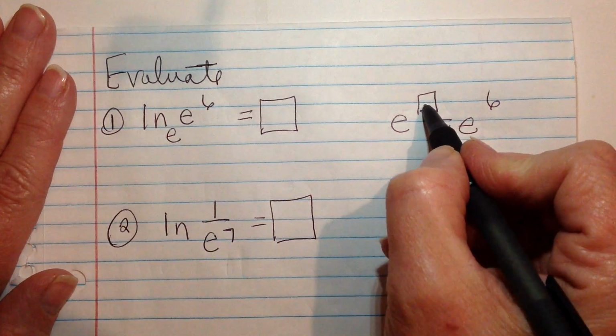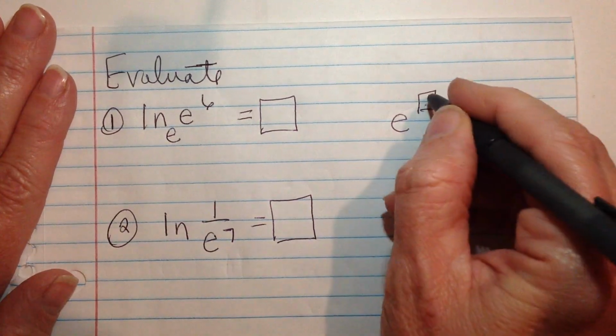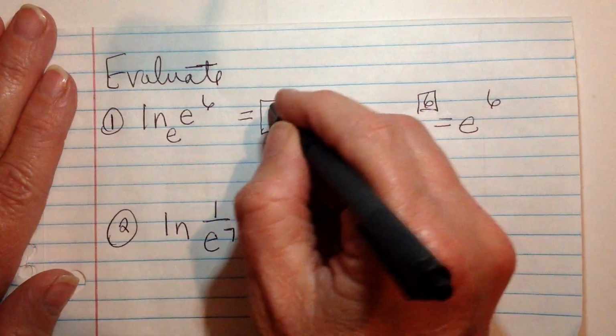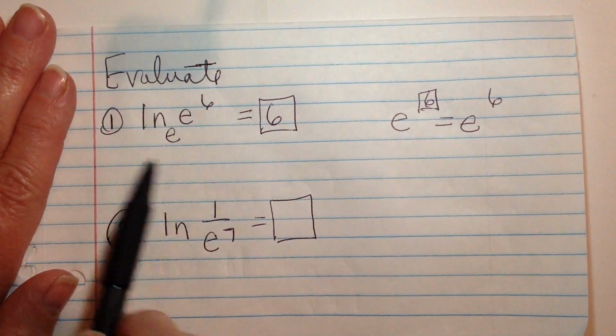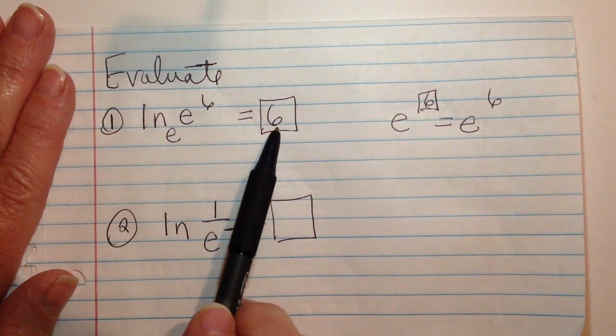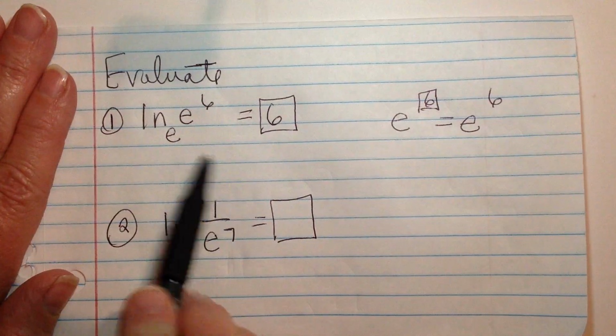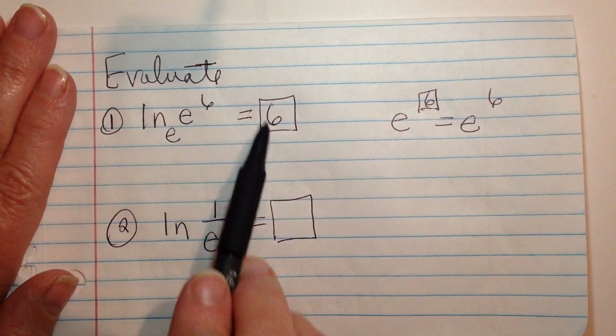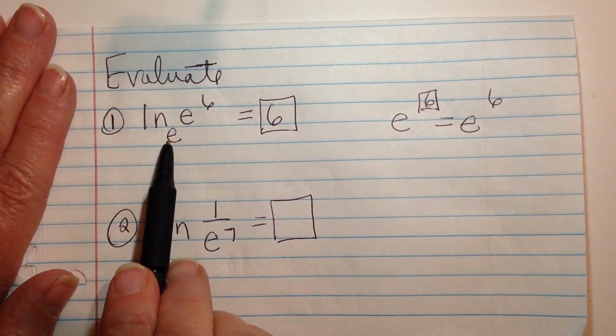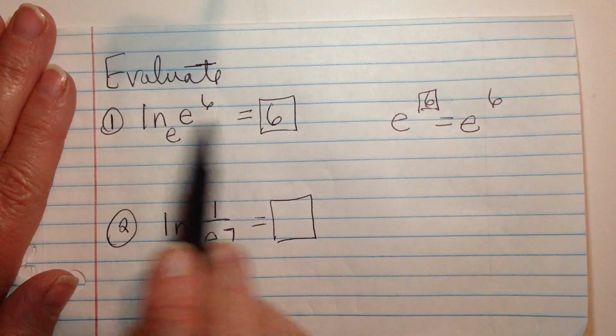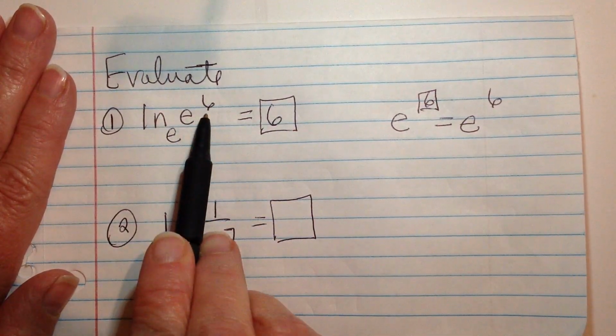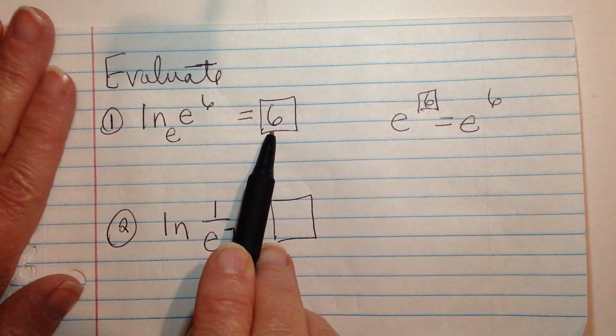What do I need to put here so that the left side equals the right side? Wouldn't it be 6? So if you evaluated this problem, your answer would be 6. Because it has base e, understood, e raised to what exponent gives you e to the 6. So your answer is 6.